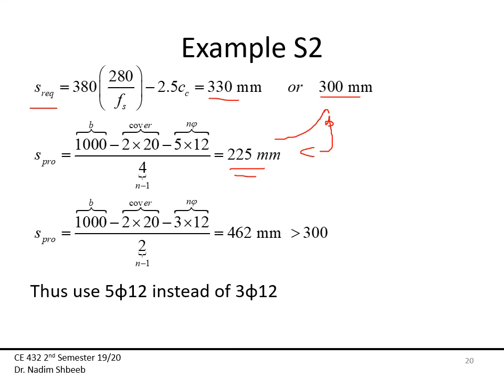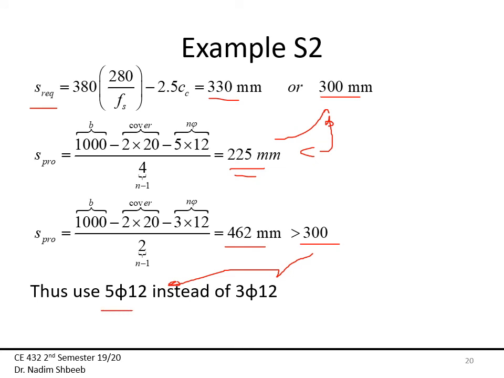Now if I go to the minimum reinforcement, which was my 3 12, what do I notice? I notice that the spacing is 462, which is larger than 300. So now I'm bound, because of my provisions for the crack control, to be not more than 300. Then I'm forced to use, again, 5 12.